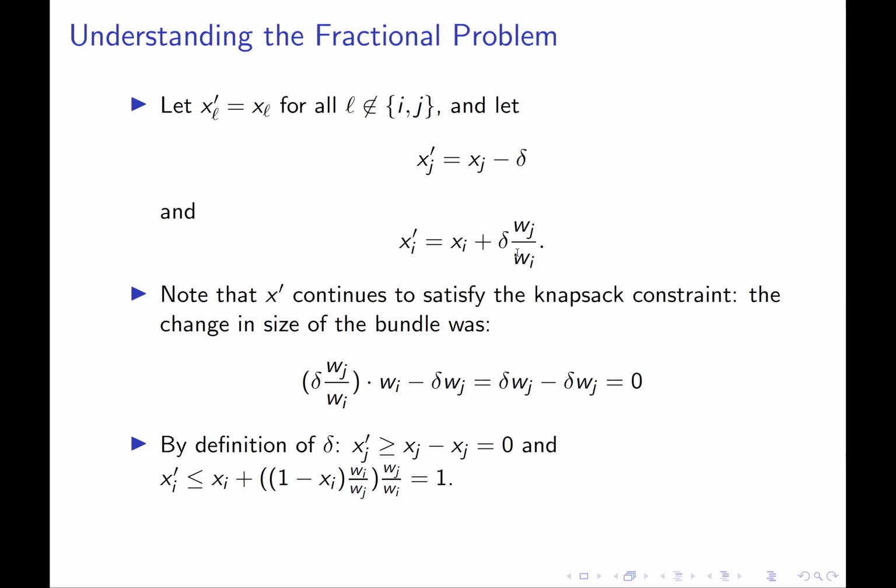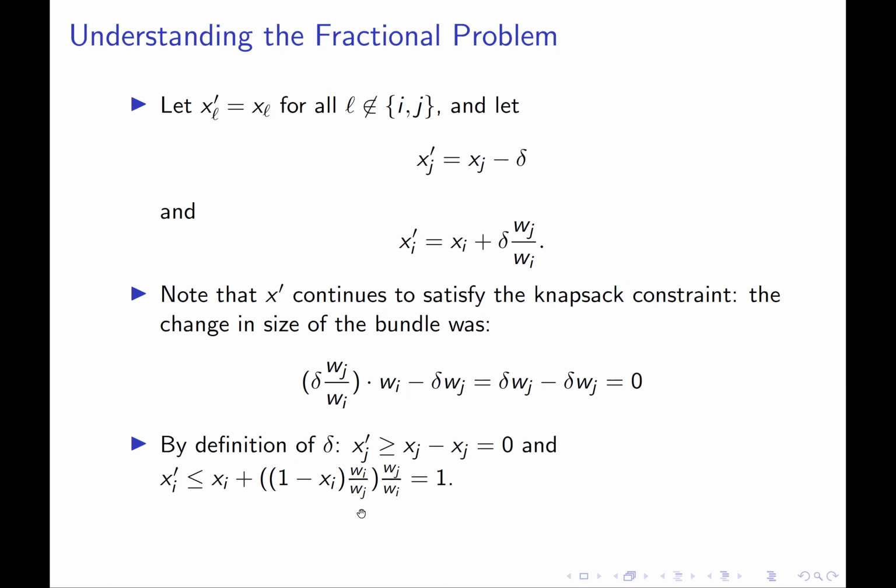And so in particular, delta times wj over wi shows up here. We know that xi prime is less than xi, and we can plug in our other upper bound on delta. Right, it's less than xi plus 1 minus xi times wi over wj, because we know this is an upper bound on delta, times wj over wi, right?